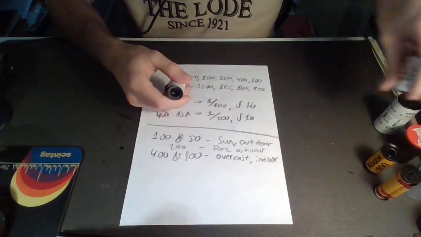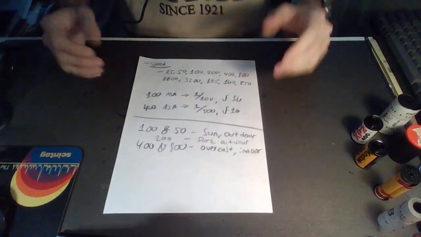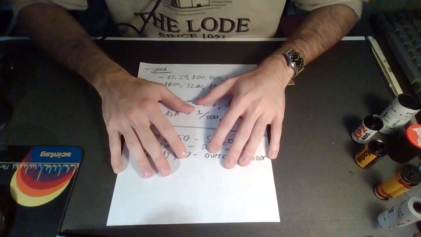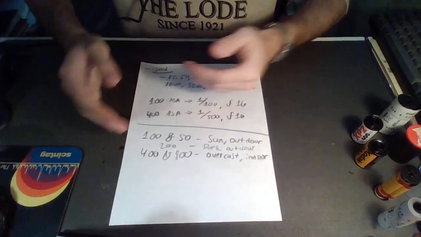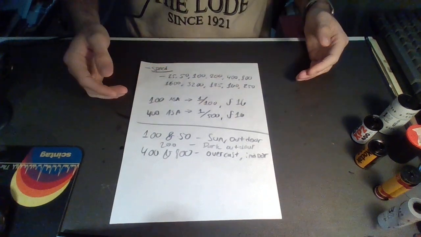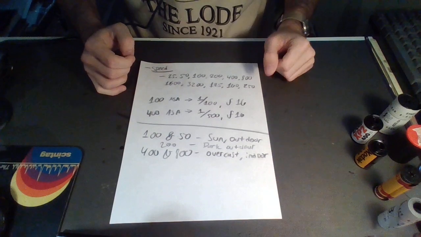What do I mean by that? What does the ASA mean? Well, ASA is how we measure how fast a film is. The faster a film is, the more sensitive it is. So the speed of the film, the sensitivity of the film mean pretty much the same thing in this context.